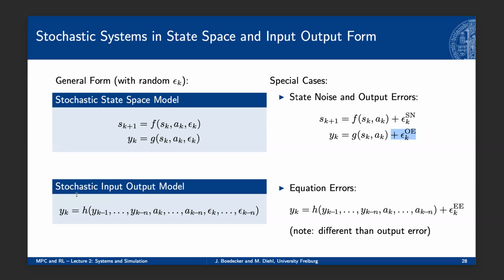And on the stochastic input-output model, we would just say the next output y depends typically on a window of the past noises, right? So we have this n also for the noise typically. One of the simplest noise models is that you just have additive noise to a deterministic equation, and we call this model assumption equation errors.